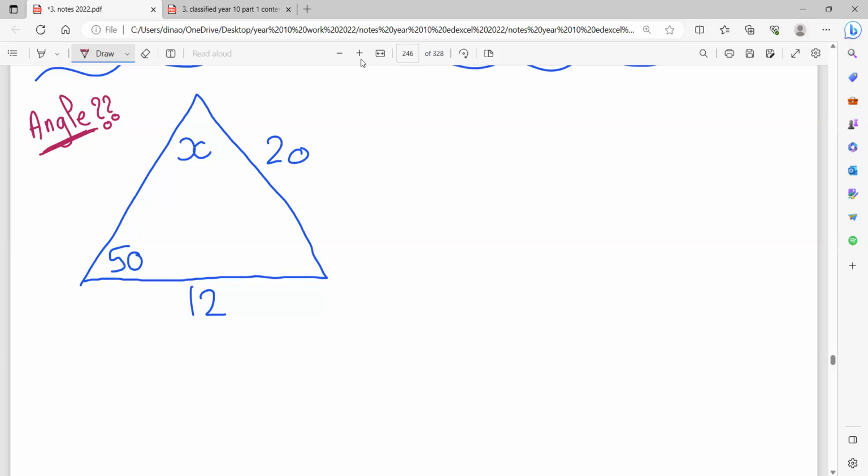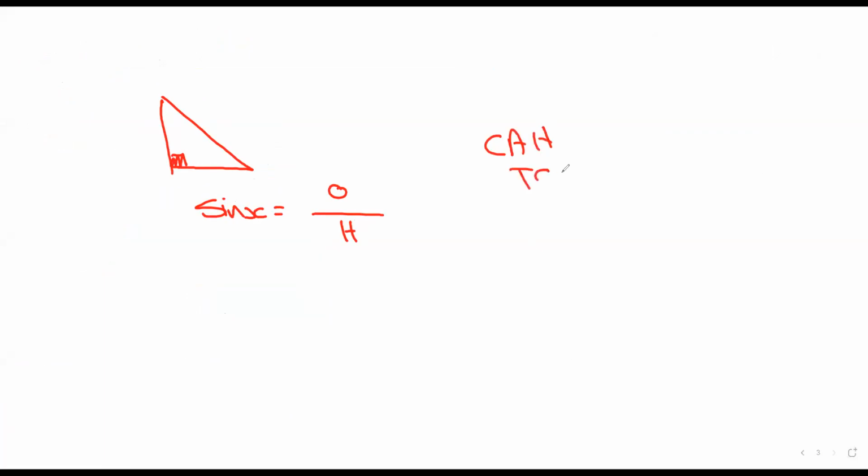Let me remind you of something that we discussed in the SOHCAHTOA video. If you remember the 3 trigonometric functions that we used in the right angle triangles, I'm just going to take one as an example: sine is opposite over hypotenuse, and the cosine and the tan, if you remember.